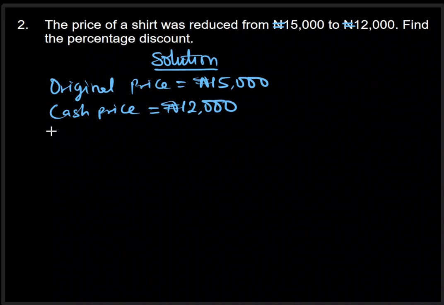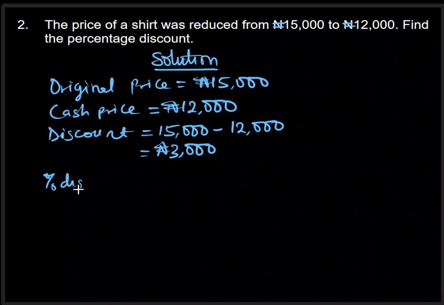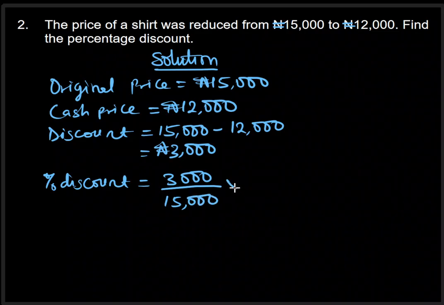We have to find the percentage discount, which means we need to get our discount first. Our discount will be the original minus the cash price, which is 15,000 minus 12,000, equal to 3,000 naira. But we are not to stop at the discount. We are to find the percentage discount, which will be 3,000 over the original, take note, the original, which is 15,000, times 100%.